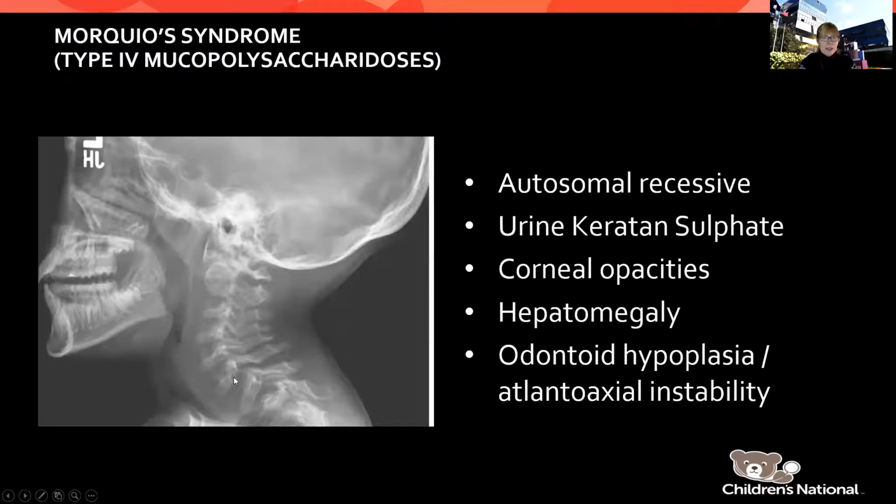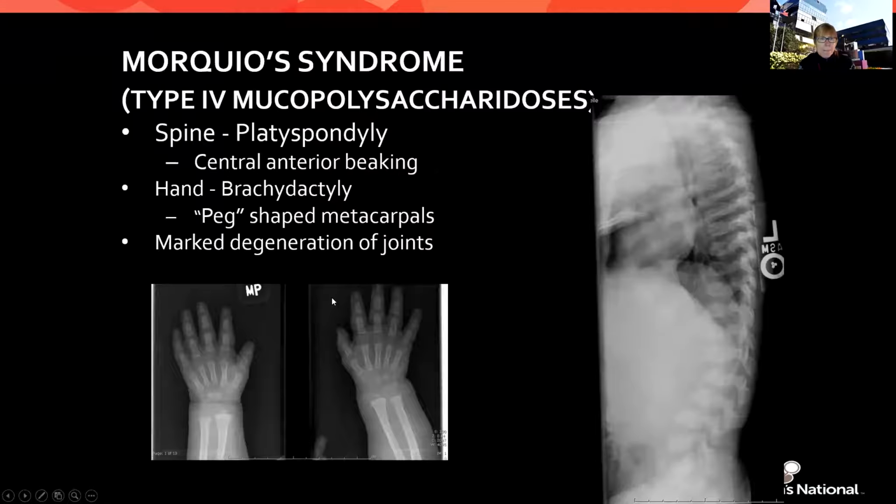You can see shortened vertebrae. The dens in particular is going to be hypoplastic. You want to remember that these cases can have C1-C2 subluxation abnormalities. And here, as in all the mucopolysaccharidoses, you have a little bit of widening of the metacarpals, and it may be hard to recognize that the epiphyses are abnormal, but getting the bone age can help.